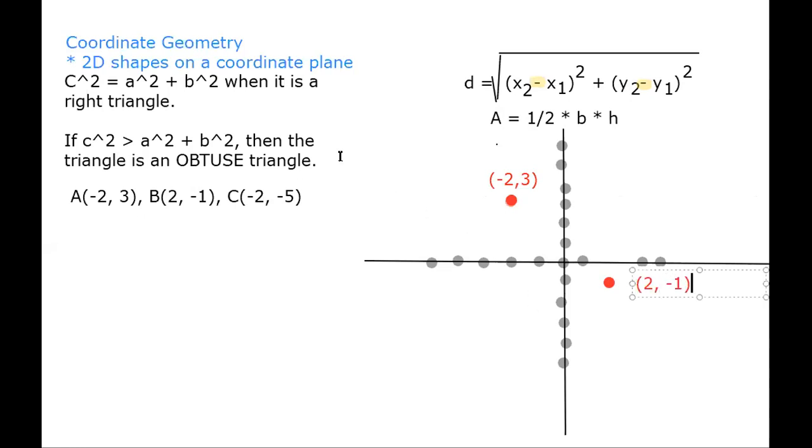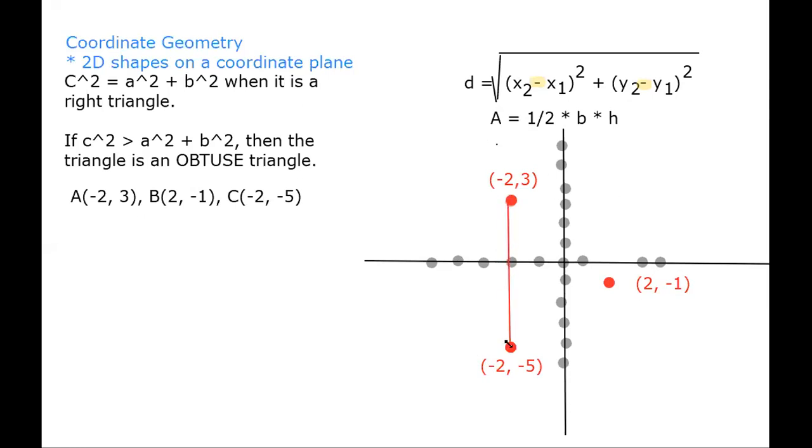And we have -2, -5, right about there. We're asked to classify this right triangle.